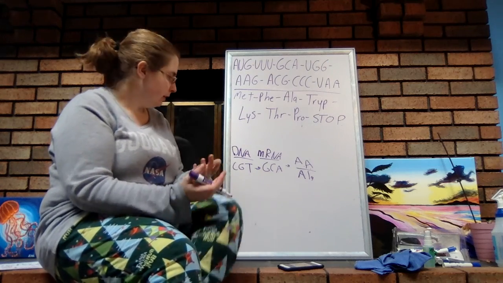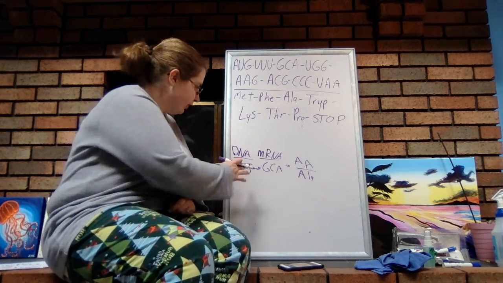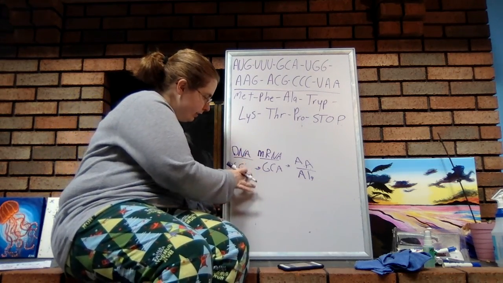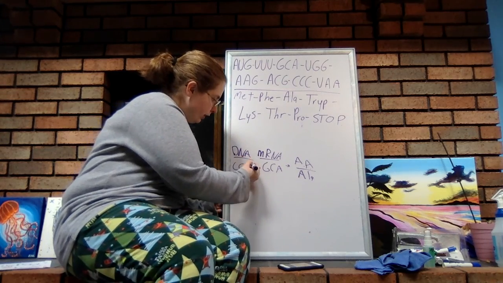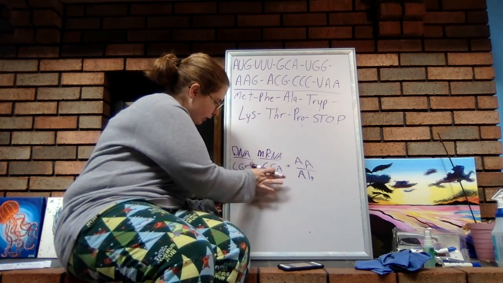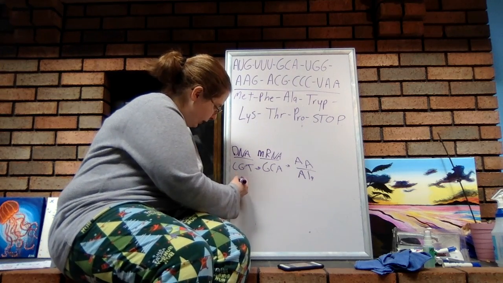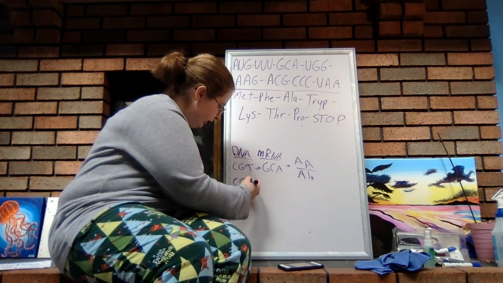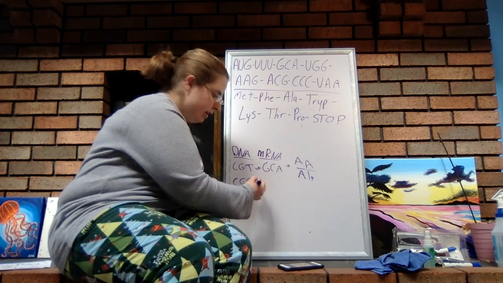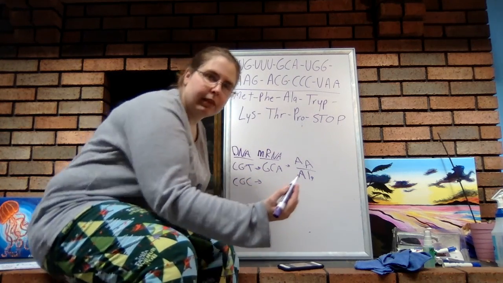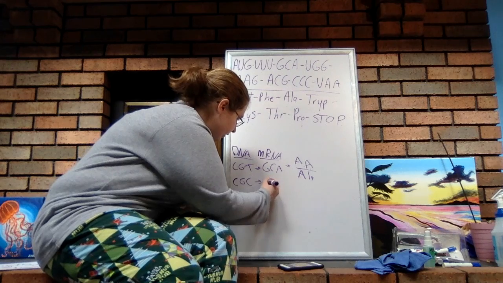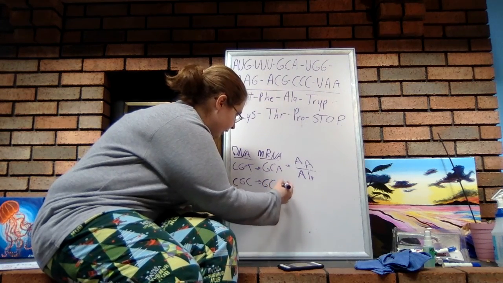Now, maybe during replication, an error occurred, and this T gets replaced with a C. We'll just put this on its own separate line. So we have CGC now. That means that the mRNA would be GCG.